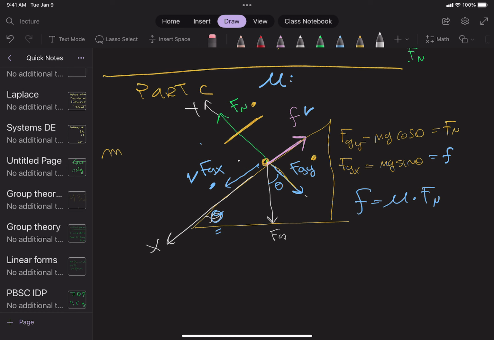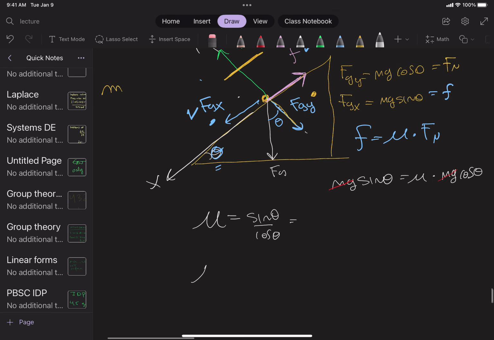So the friction is equal to mg sine theta, and that equals the coefficient times the normal force, which is mg cosine theta. So there, notice that the mass and the weight just drop, and we can solve this for the coefficient, and you get that the coefficient of friction is equal to sine of the angle over cosine of the angle, or is equal to the tangent of the angle.